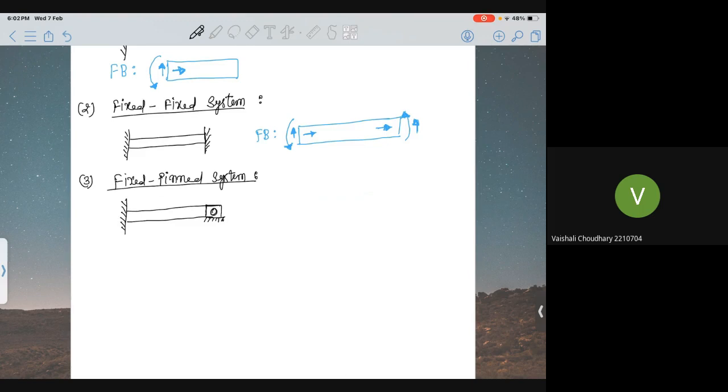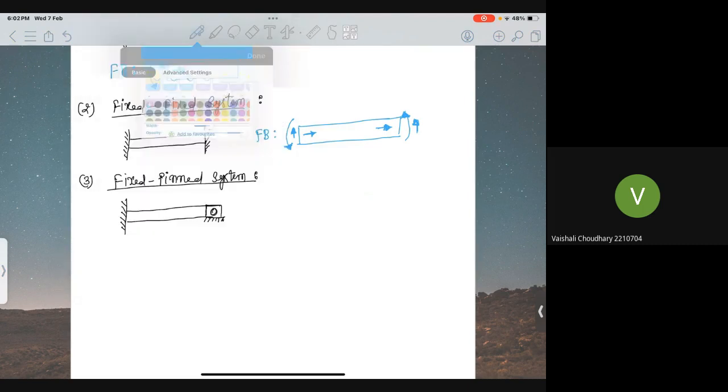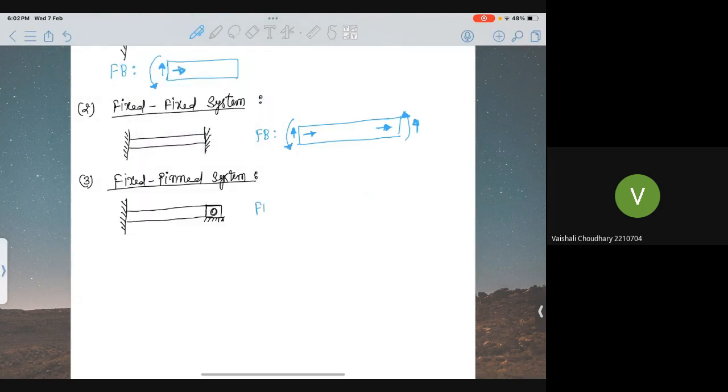If we draw a free body diagram of this fixed-pinned system, one end is fixed, so it will experience all the forces: horizontal force, vertical force, and the rotational moment.